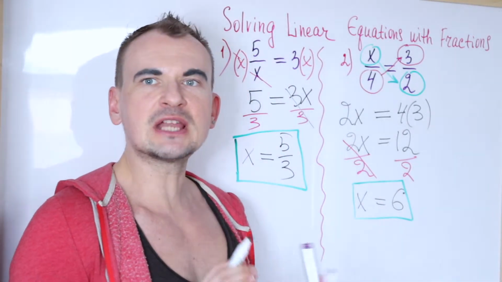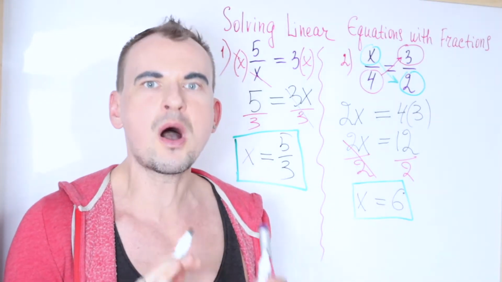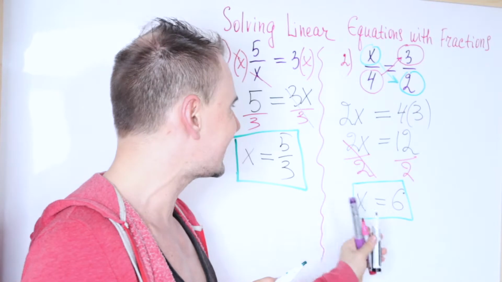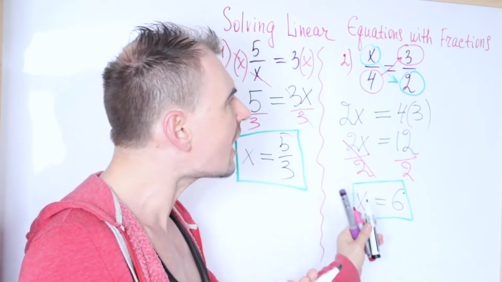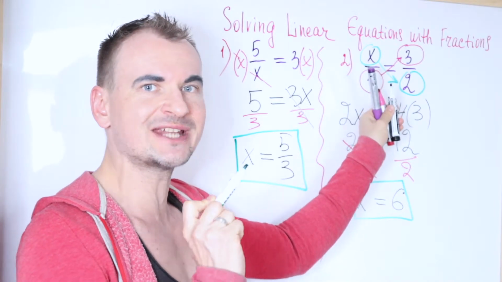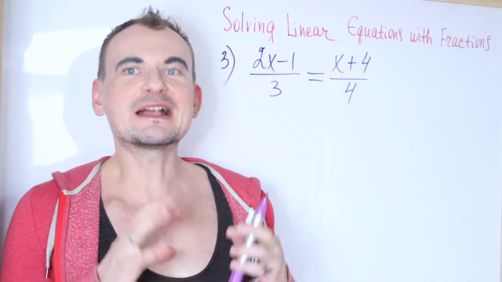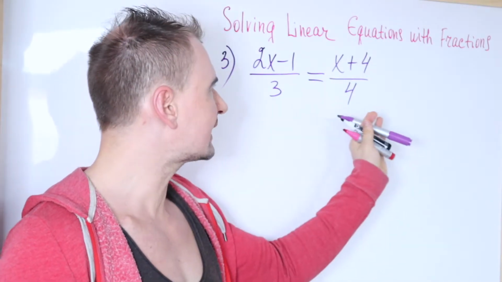At this point, I would like to point out that you could always check your answer by taking these numbers and plugging them in for x into your original equation and checking to see if it works. Alright, suppose you have been given something like this.